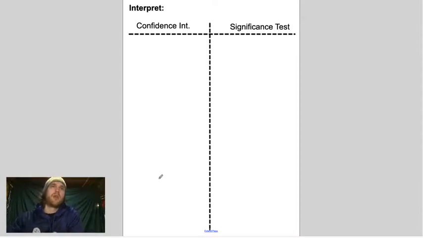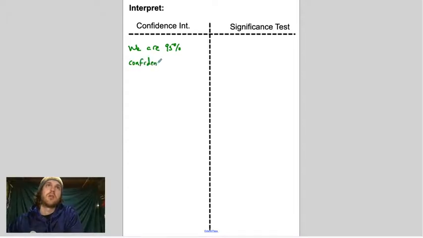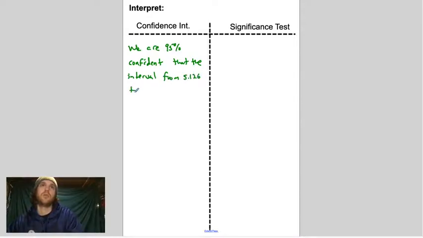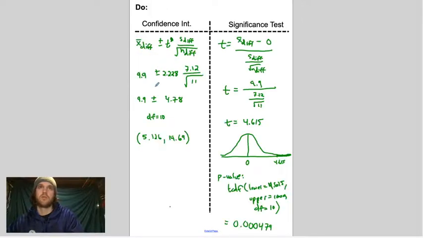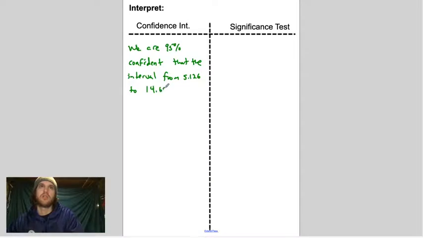So let's practice our interpretations here. We are 95% confident that the interval from 5.126 to 14.69 captures the true mean difference, in context, the true mean difference, specifying standing minus sitting, in heart rate, BPM.